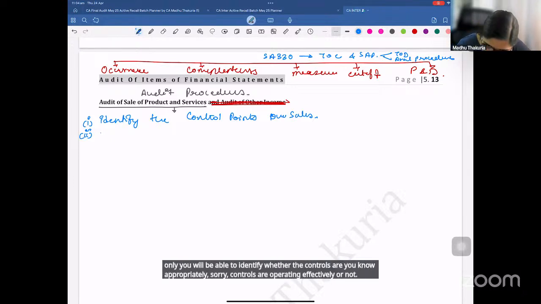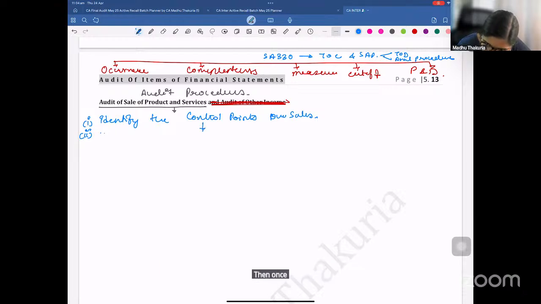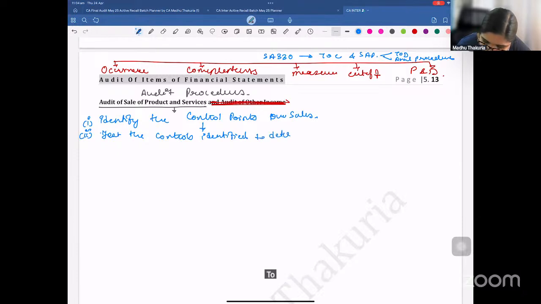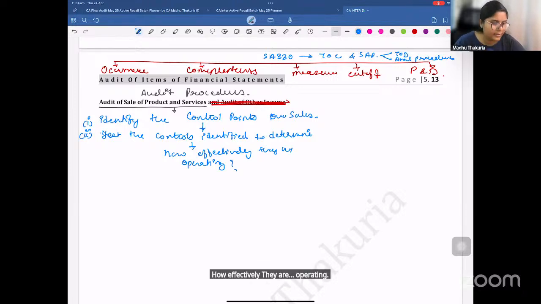Then once you have identified those controls, test the controls identified to determine how effectively they are operating.